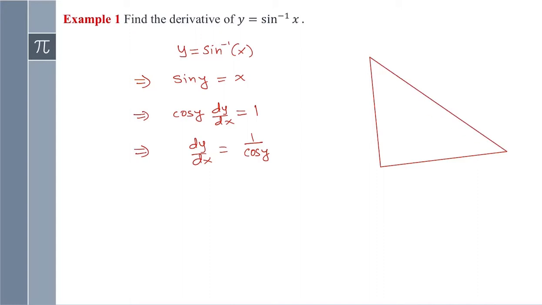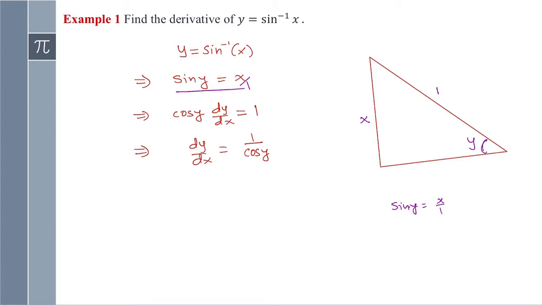Okay, so now let's say this angle is y. What we have here is sine y equals x, or we can write x over 1. Sine is opposite over hypotenuse, so this is x and this is 1. So the hypotenuse is 1.